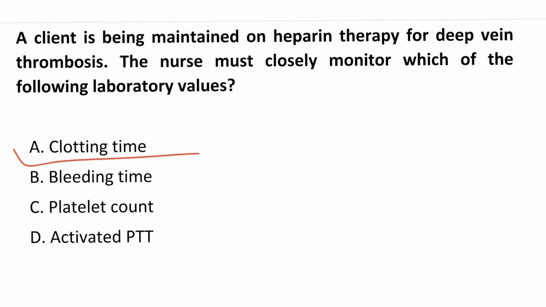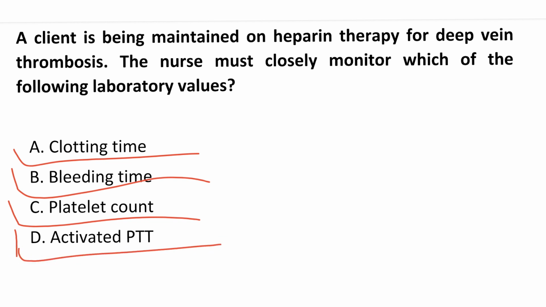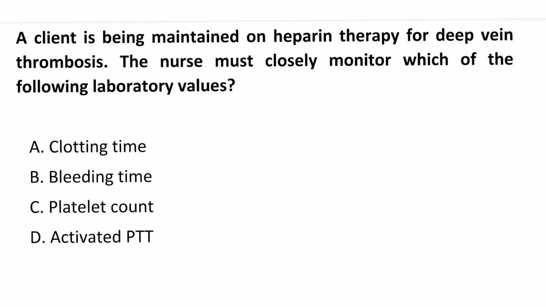Option A, clotting time, option B, bleeding time, option C, platelet count, and option D, activated PTT. The correct answer is option D, activated PTT. Activated PTT is monitored in heparin therapy.